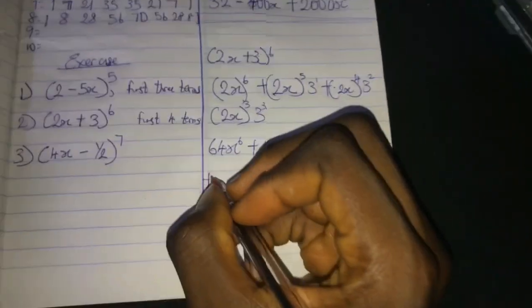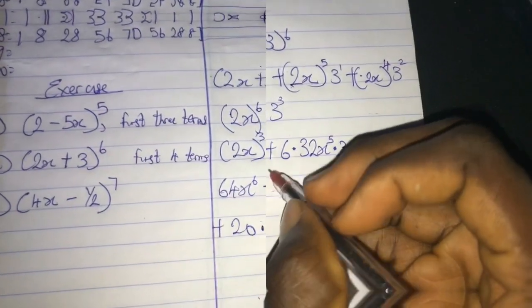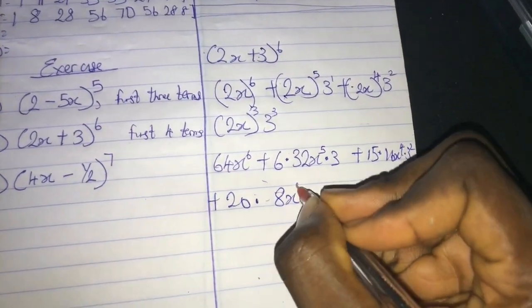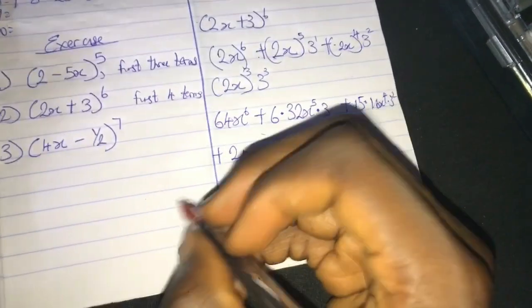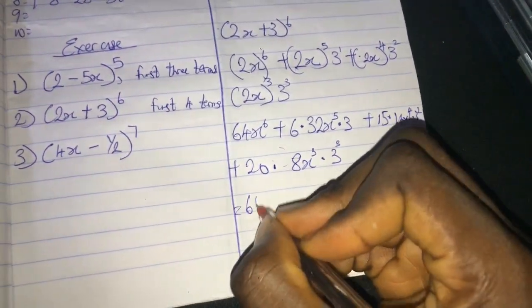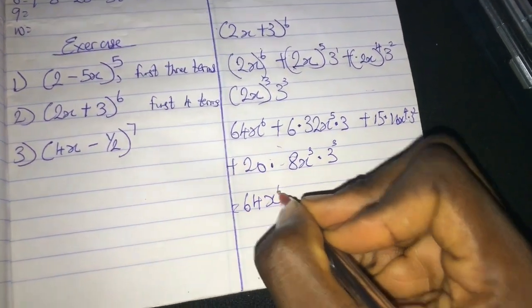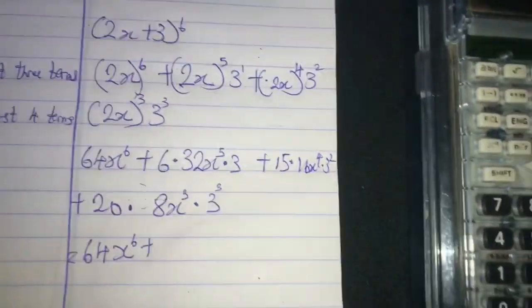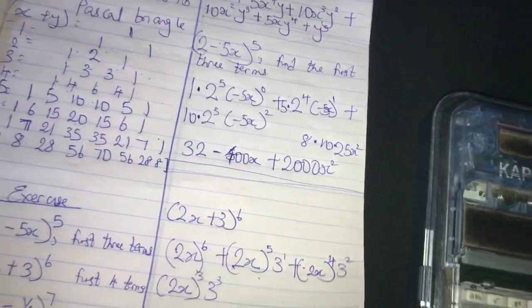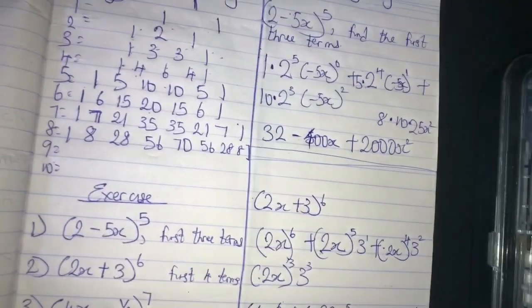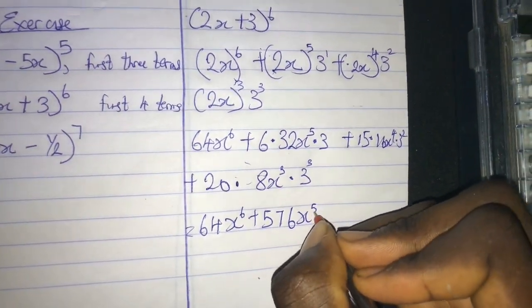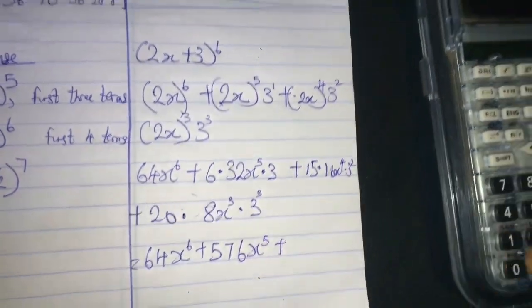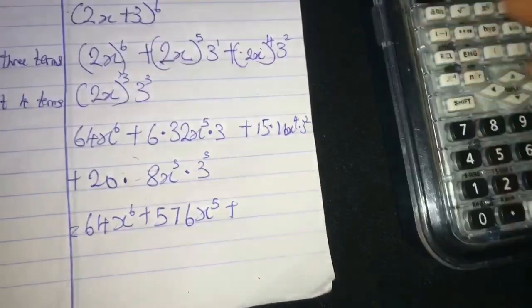Plus the next one is 20, with 2x to the power of 3 being 8x cubed, times 3 cubed. So our total answer here is 64x to the power of 6 plus 6 times 32 times 3, that's 576x to the power of 5, plus 15 times 16 times 9, because 3 to the power of 2 is 9.